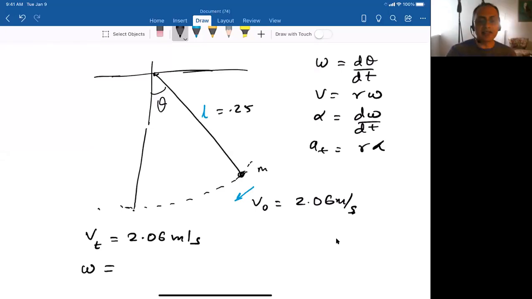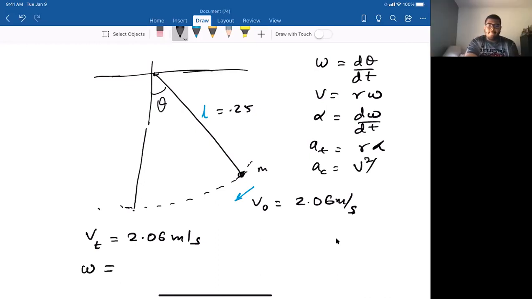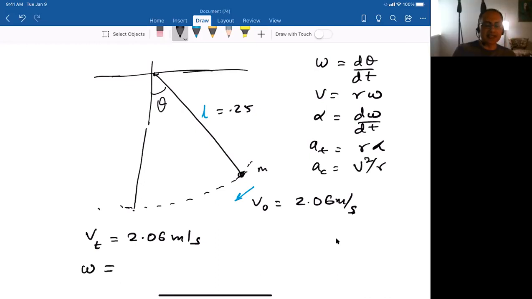So these are the relationships we derived. A centripetal is, what's the formula for a centripetal? We derived that a long time ago. V squared over r, exactly. All right, so these are all the formulas we have.